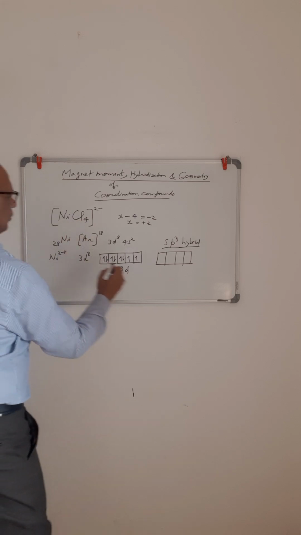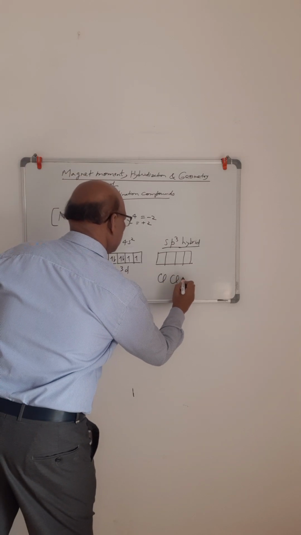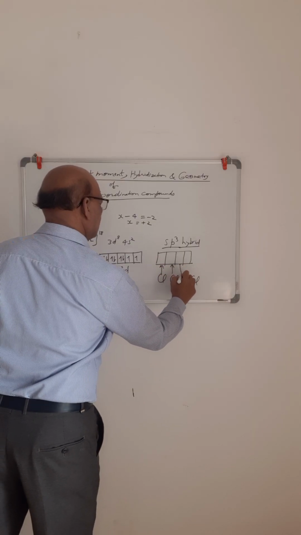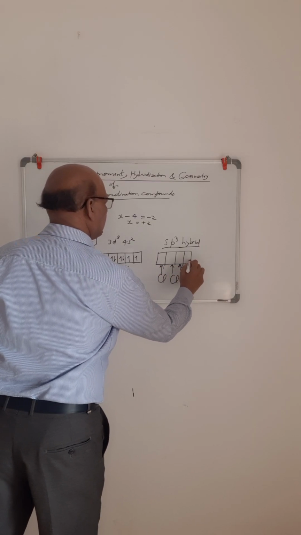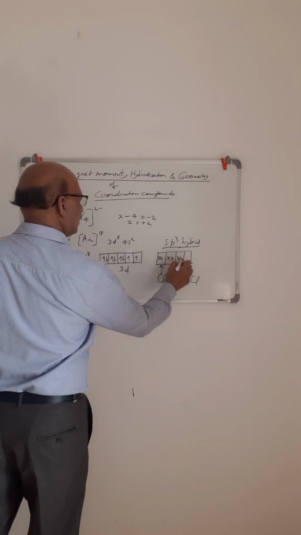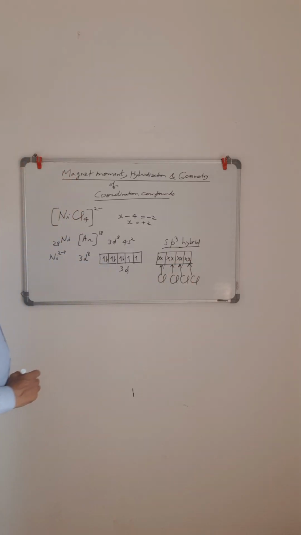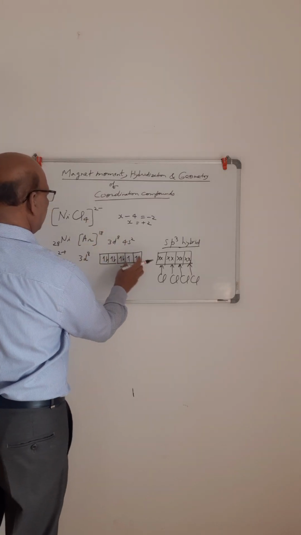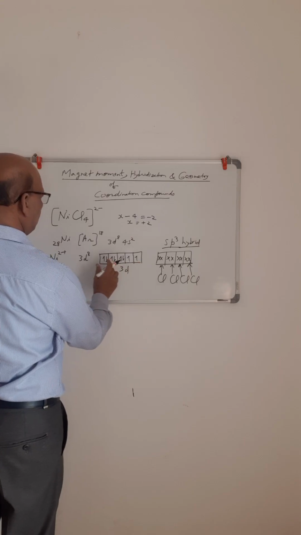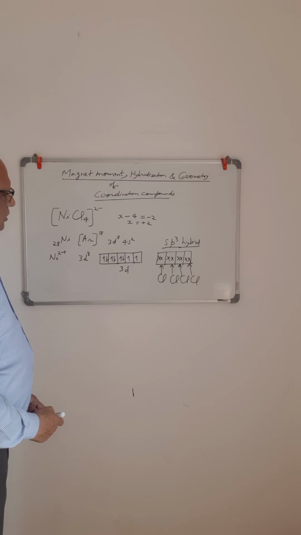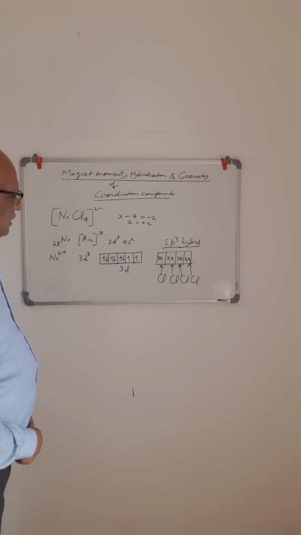Now these 4 ligands, that is chloride, each will donate 1 electron pair to these empty hybrid orbitals, so 2 electrons they will donate here. Okay, because chloride is a weak ligand, so electron pairing it cannot cause, so there is no electron pairing done and only the vacant orbitals available have been utilized for hybridization.